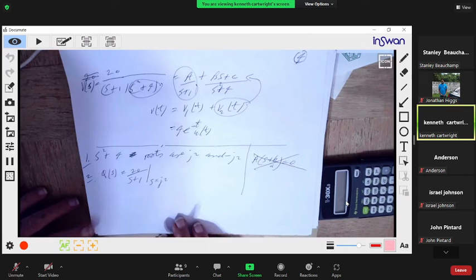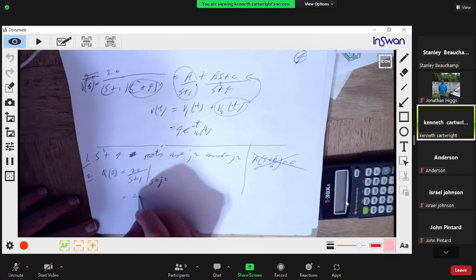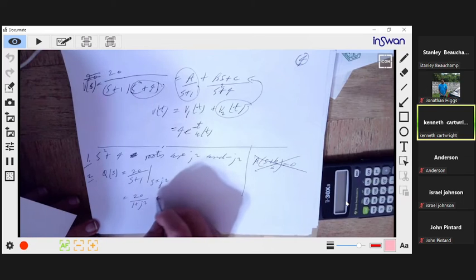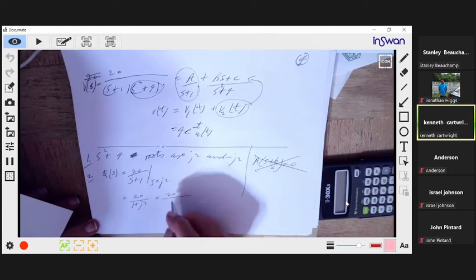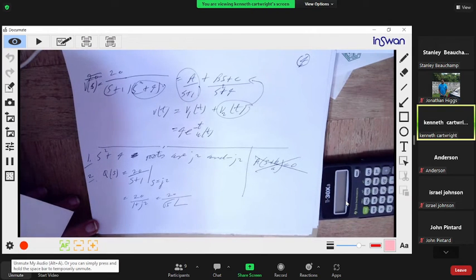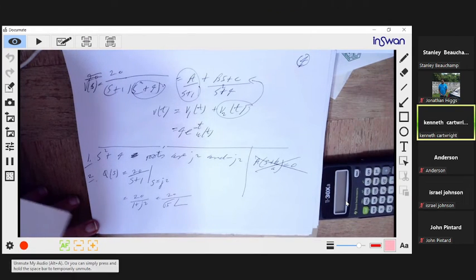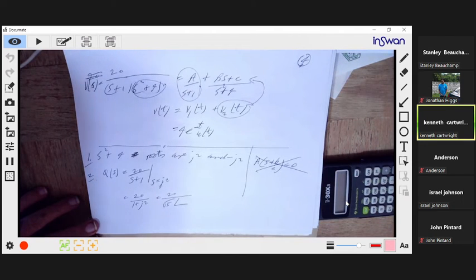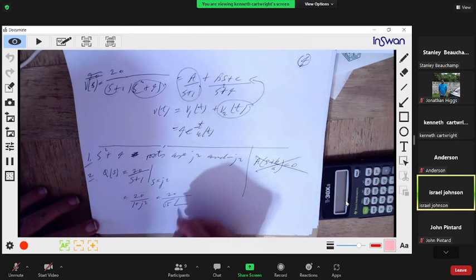Okay, so let's do that. So that becomes 20 over 1 plus J2. So that's 20 over square root of 5. And what's the angle? 63.43.